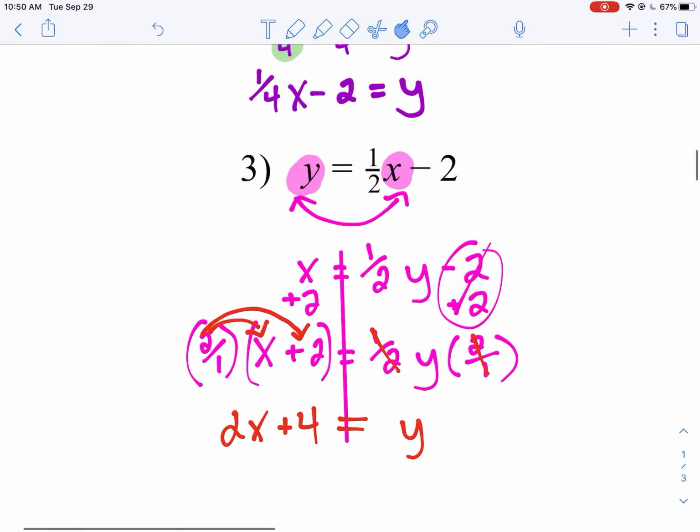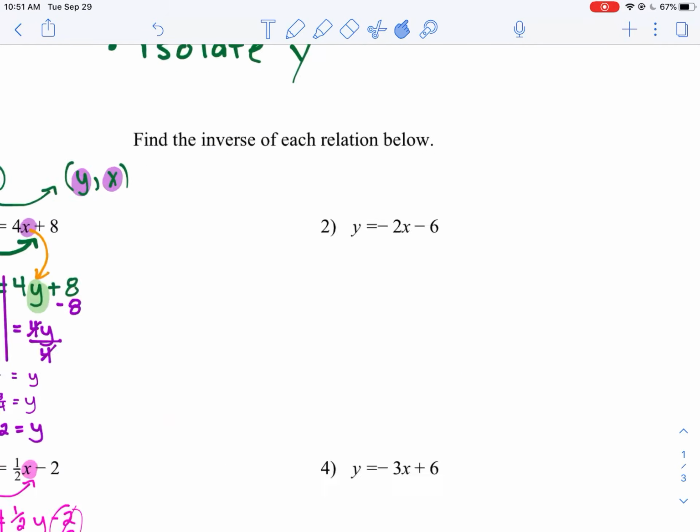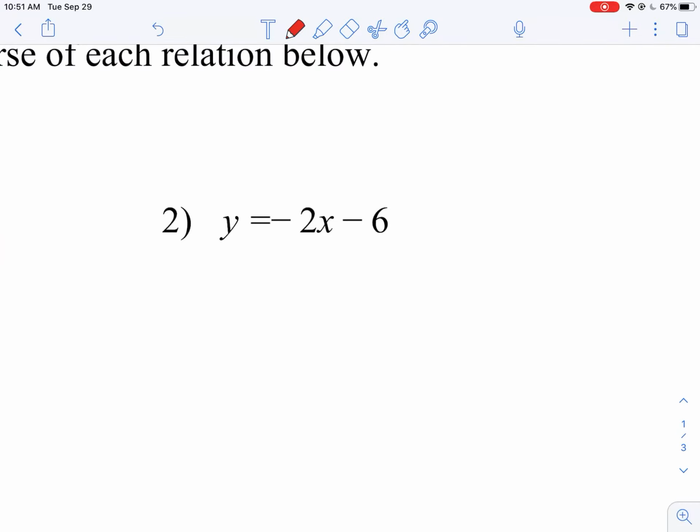But again, hopefully, there are some steps here that you can easily mix up, such as inverse operations and isolating variables. But the key to remember here is when you're trying to find the inverse of each relation, you're swapping places for x and y. So say for number 2, I'll help you set it up. Again, I'm going to swap places. x equals 2y minus 6.